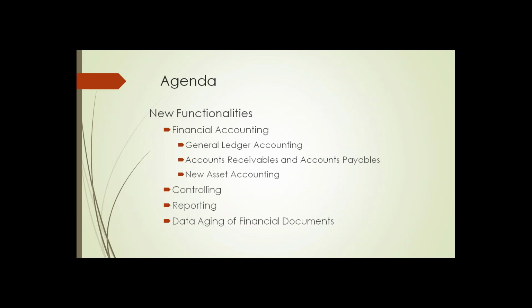But whatever the transactions are, for example posting of the general ledger document or generating reports on general ledger accounting, they will be beneficial because they will use the capabilities of SAP HANA, which ensures that the speed goes up. Similarly, in controlling, we'll have an idea of what new reports are available with the new structure. And finally, in the last slide, I am going to show you the functionality called data aging. So this is what we are going to understand today.